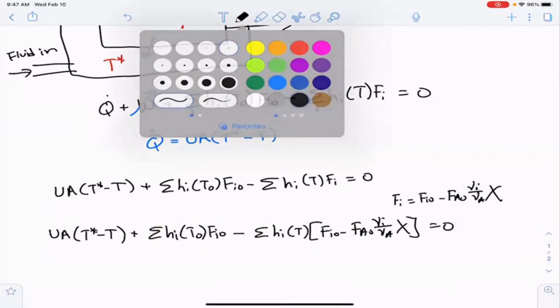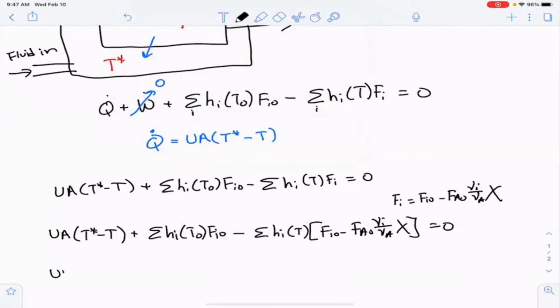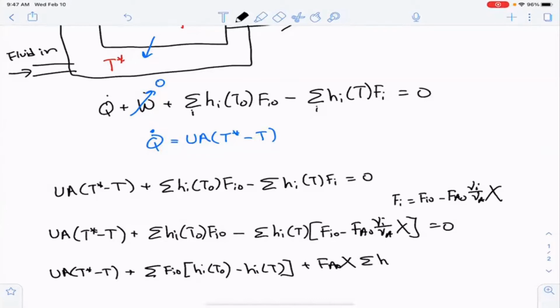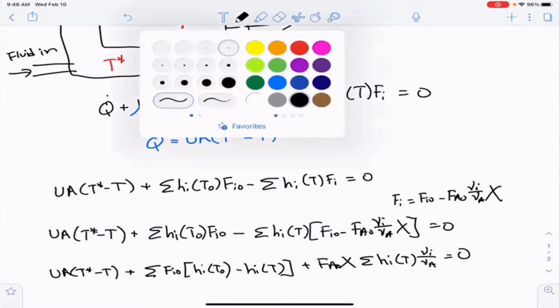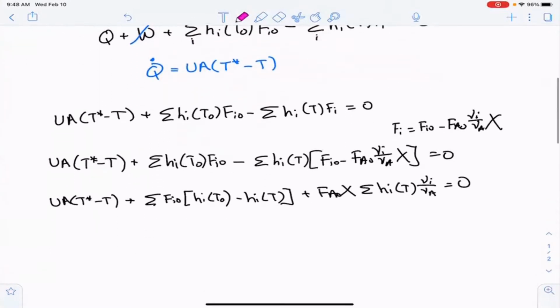And we ended up with an expression that was, well, I guess we didn't have the UA part, but on the right-hand side here, we ended up with the sum of Fi0 times the initial enthalpy minus the final enthalpy plus FA0 x times the sum of the enthalpies at the final temperature times the ratio of the stoichiometries. And I'm sorry if I'm going a little bit fast, but all of this we did last time, and so I don't want to spend a significant amount of time rehashing something that we already did.